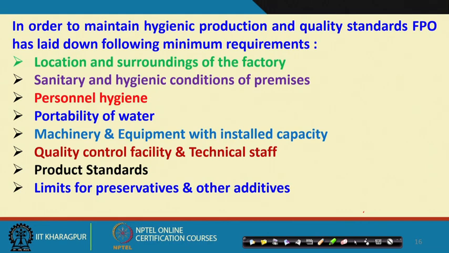Then obviously, directly or indirectly, it will affect the quality of the finished product from that particular industry. So, that is why the sanitary and hygienic conditions of the premises are very important. That is the minimum requirement laid down by the FPO.